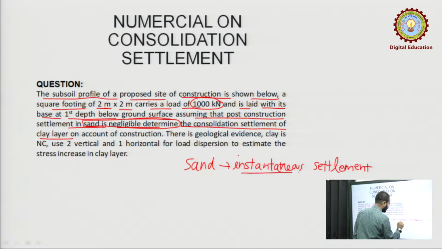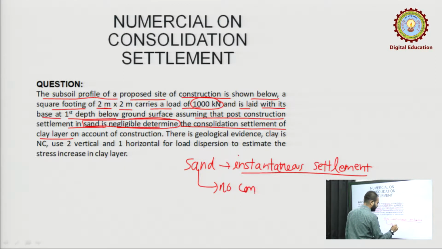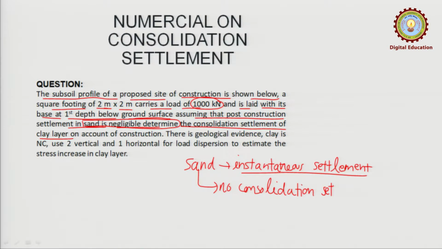So, no consolidation settlement can be considered for this. Since the sand will not be considered, we will only be considering the clay layer for this question.